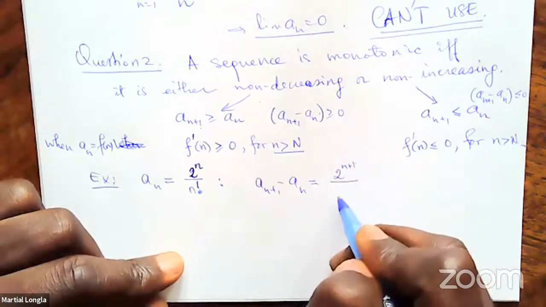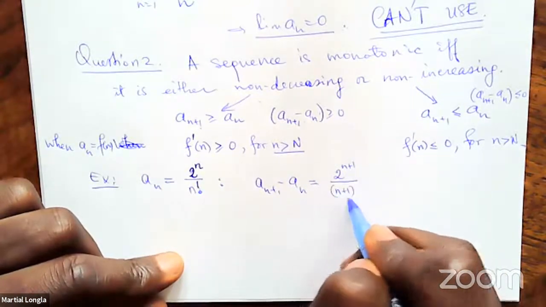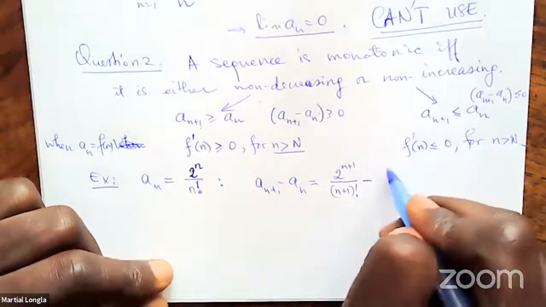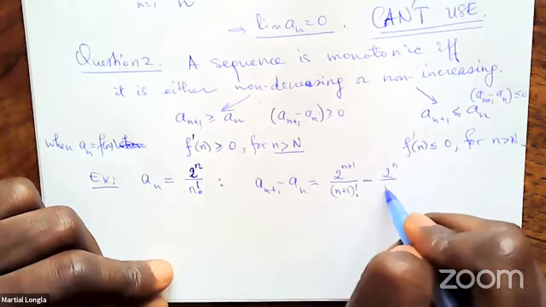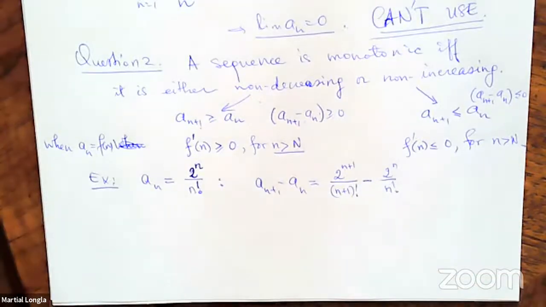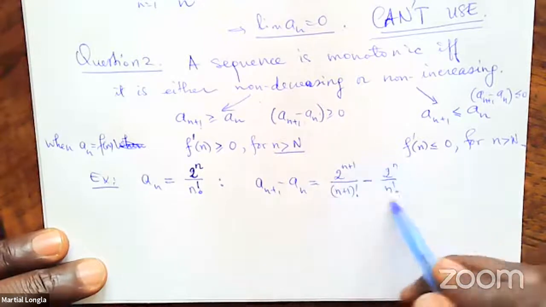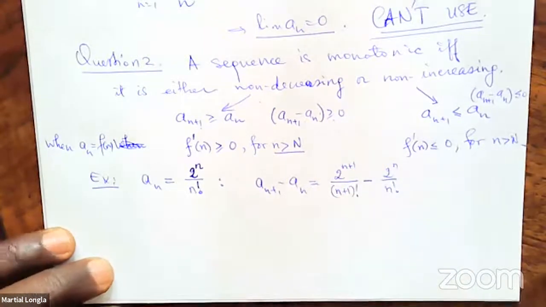At this point, we must know this already. Minus a_n, that's 2 to the n over n factorial. And now the rest is your knowledge of calculus, how you simplify this to see whether it's positive or negative, because you need to decide whether this difference is positive or negative.